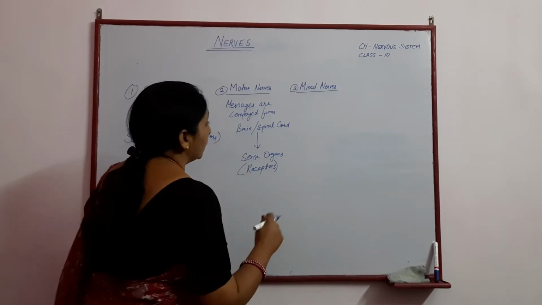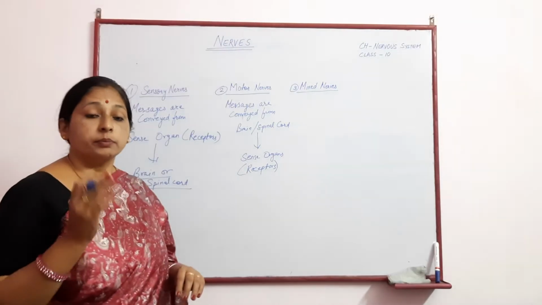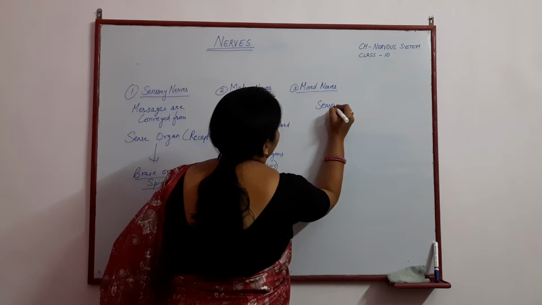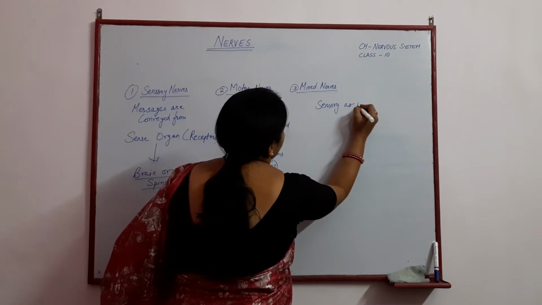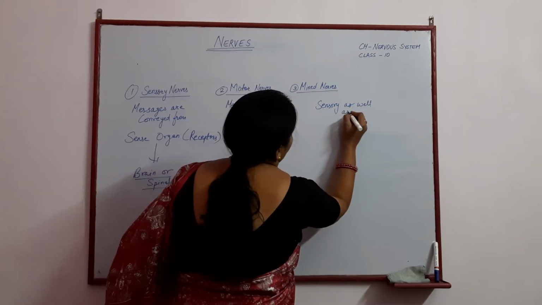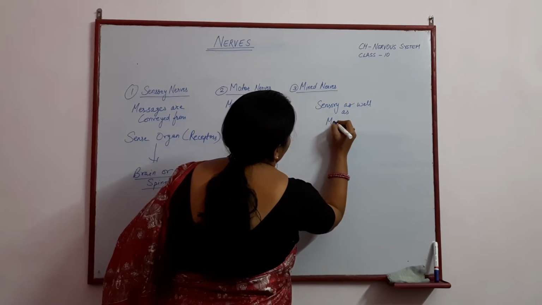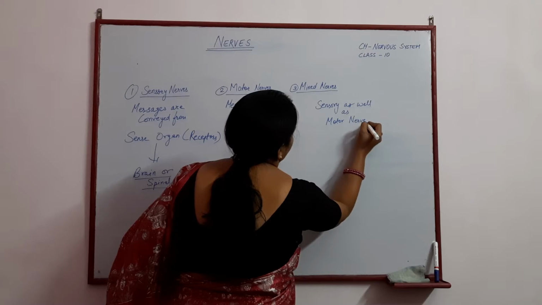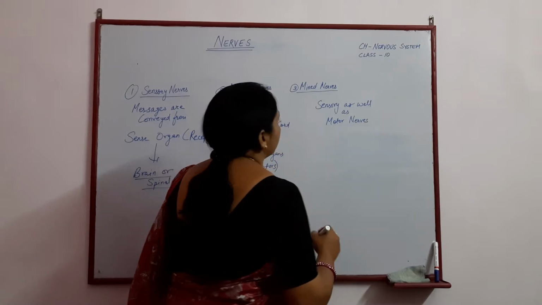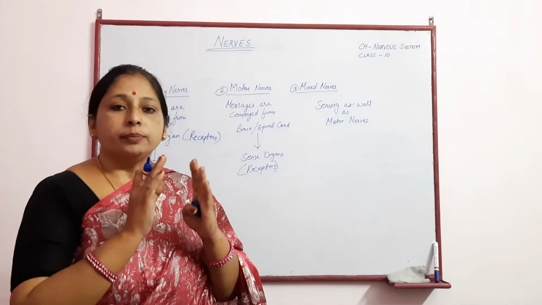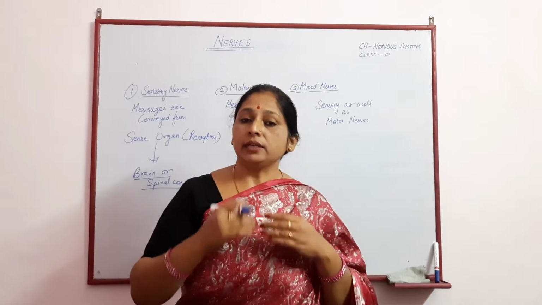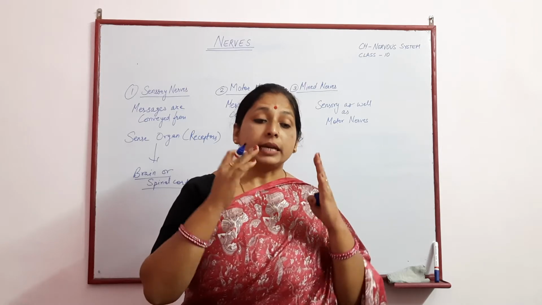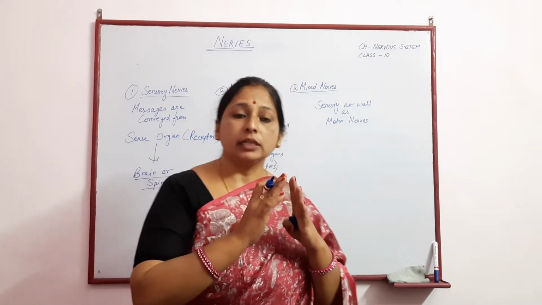Now what about mixed nerves? A mixed nerve comprises sensory as well as motor nerves. When both nerves are present, it is a mixed nerve. It performs both functions, sensory as well as motor, as it contains both nerves in it.